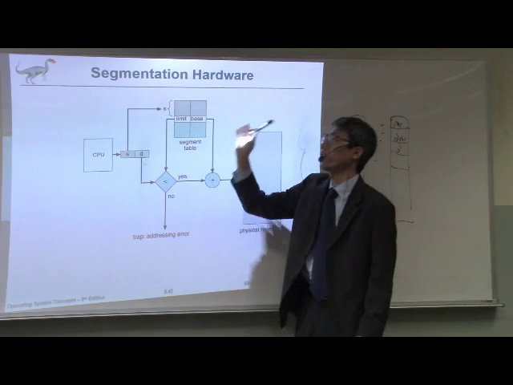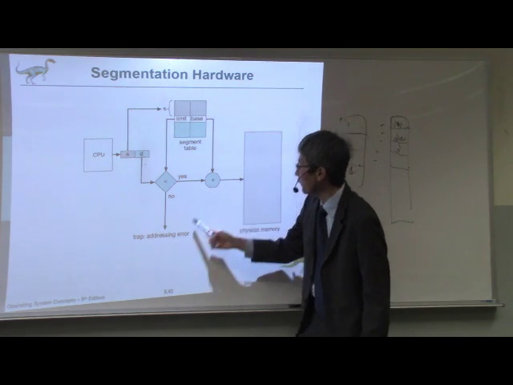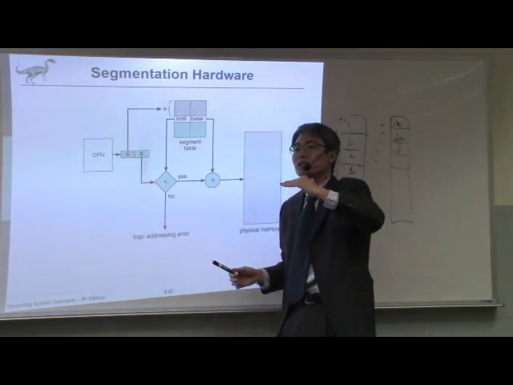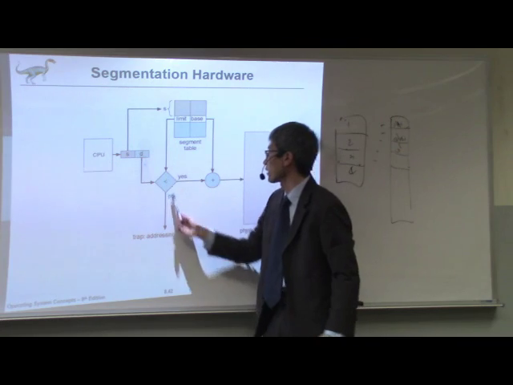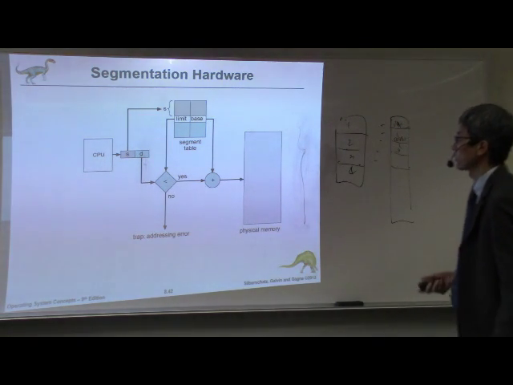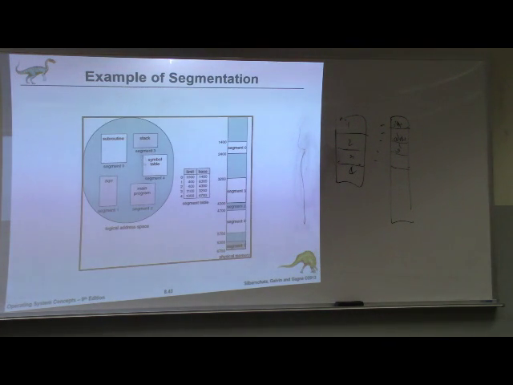If the address is higher than the limit, it is out of the boundary, and that's a trap error. Otherwise, we can add the base, and then finally locate the physical memory. So that is the segmentation-based memory allocation.